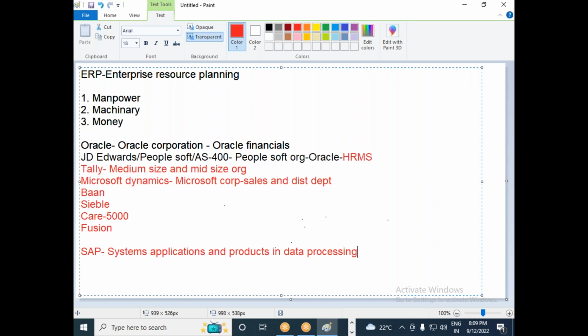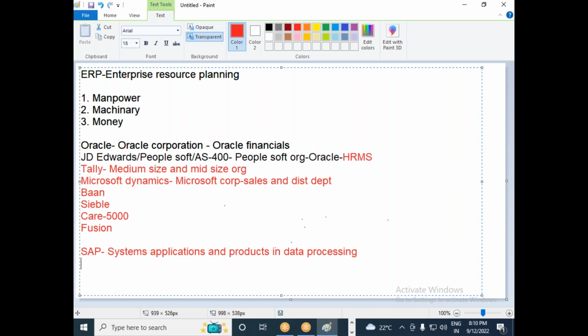So when I say systems, can anyone tell what system? Systems are nothing but SAP itself is one of the systems or software. You can integrate SAP with other software as well based upon your requirement. Let us say in my company I am using the SAP system, but my finance department wanted to give some information or intimation to the bank.